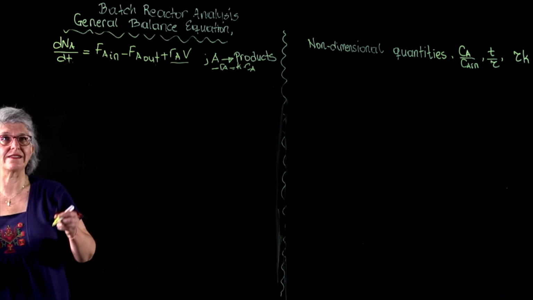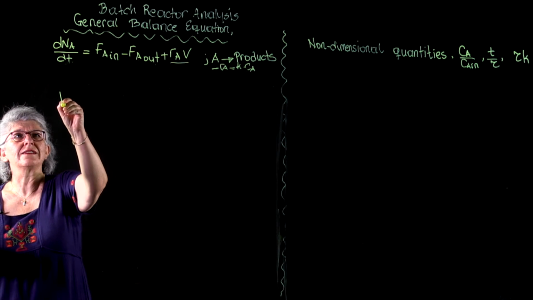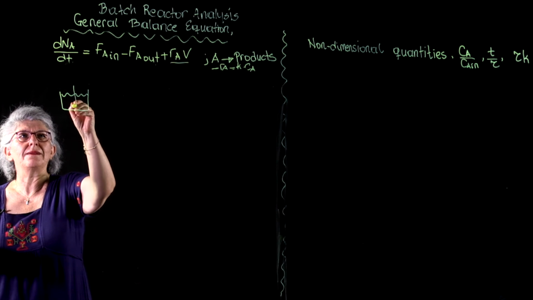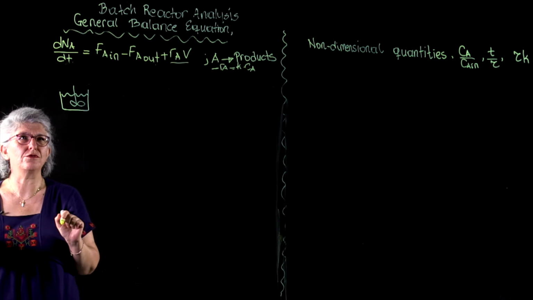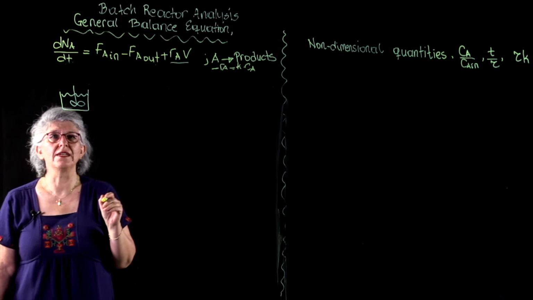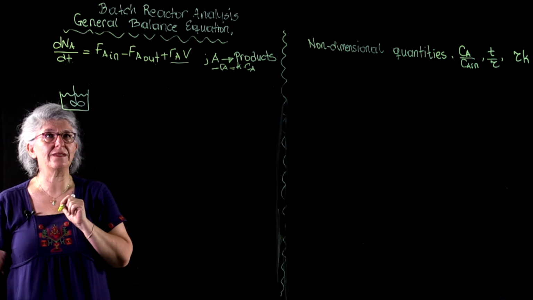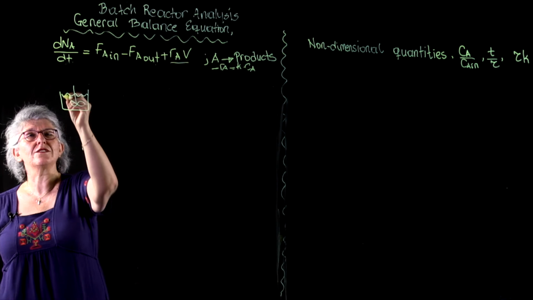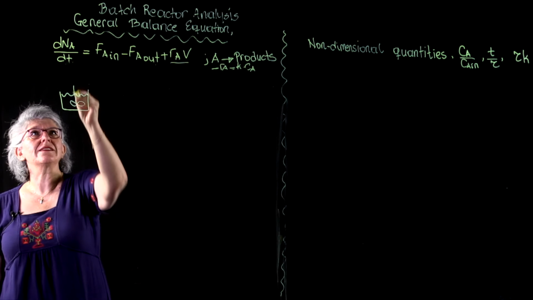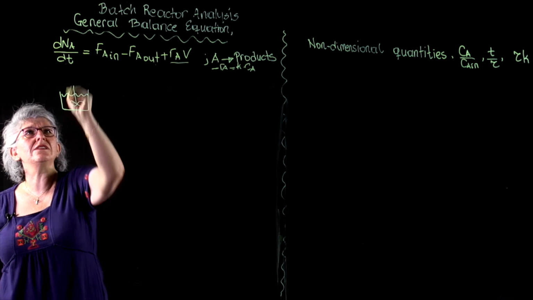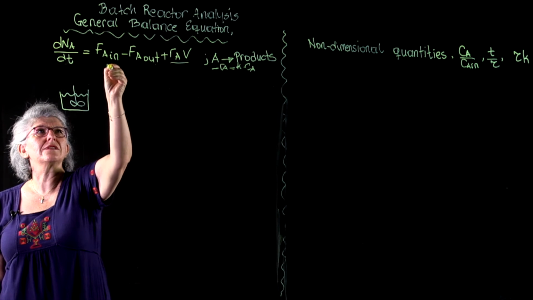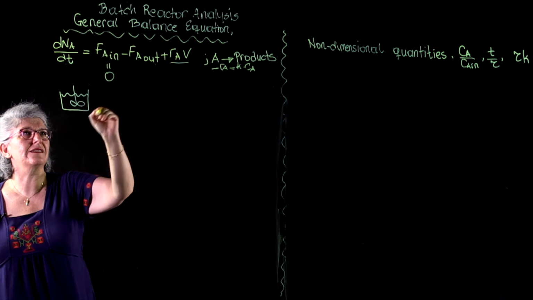Now the batch reactor, as far as our analysis in this problem is concerned, is a perfectly mixed, well mixed reactor, but there is no feed, there is no outlet. And as a result, our general balance equation loses these two terms. This becomes 0 for the batch reactor, there is no inlet.